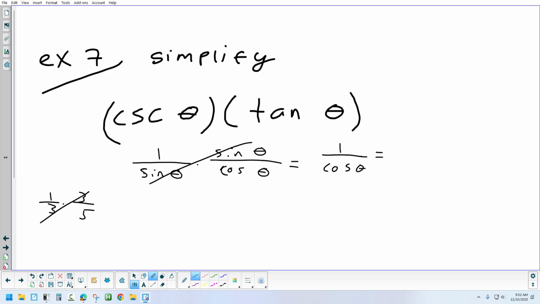And what is the cosine flipped? Secant. Perfect. That's the idea of simplifying a trig identity. You took something that had two different trig functions with multiplication, and you turned it into just a single, simpler trig function.